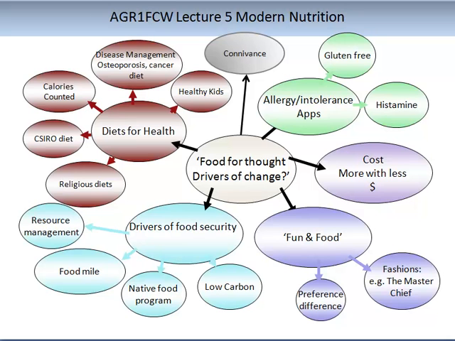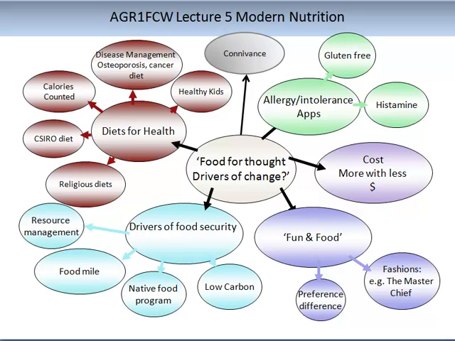Diet can be thought of as a way of handling and aiding health, in such diets that enable you to manage osteoporosis and cancer, for example. Diets can be centered around counting calories, so you reduce the amount of energy that you intake. Special diets like the CSIRO protein diet have been developed to enable a more healthy lifestyle.